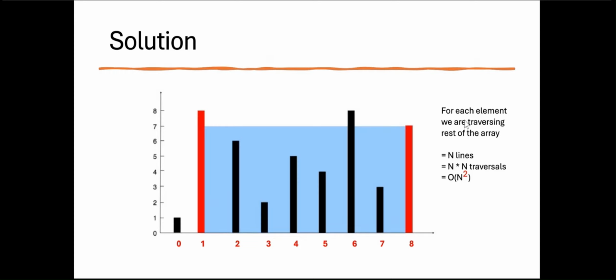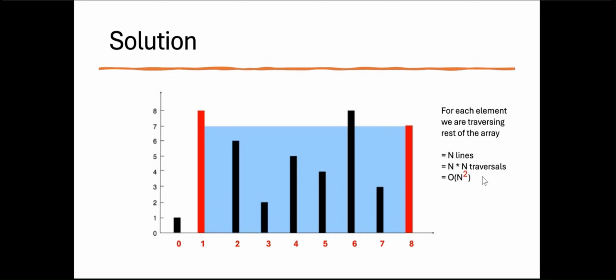For each element we are traversing the rest of the array. So let's say n lines are there. So n into n traversal we are making, which is O of n square. So this is not an optimized solution.